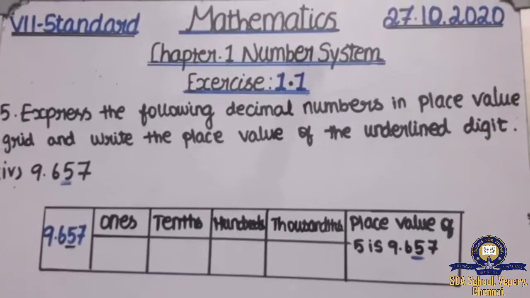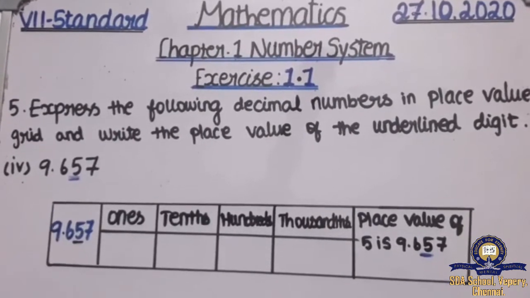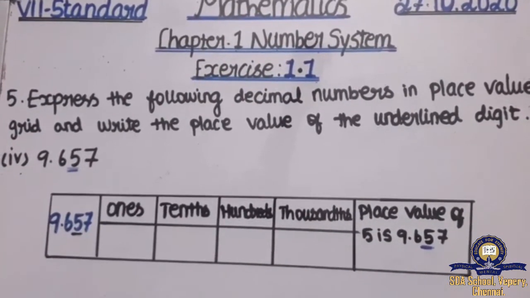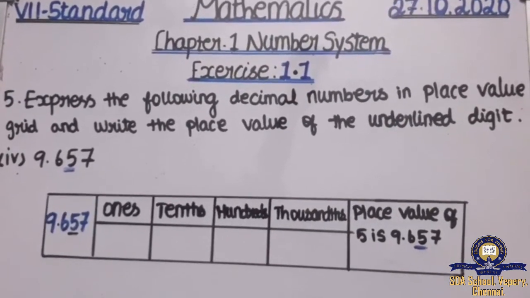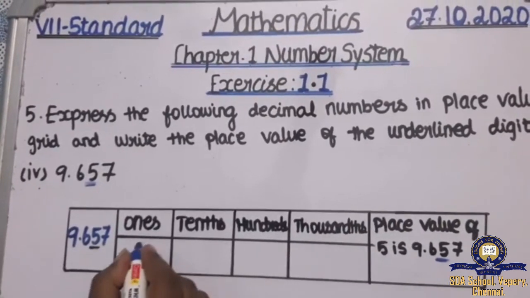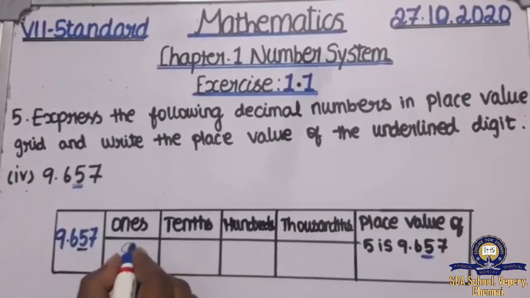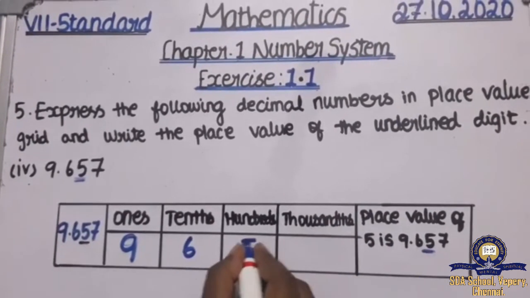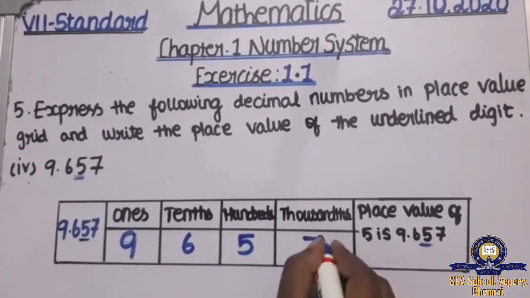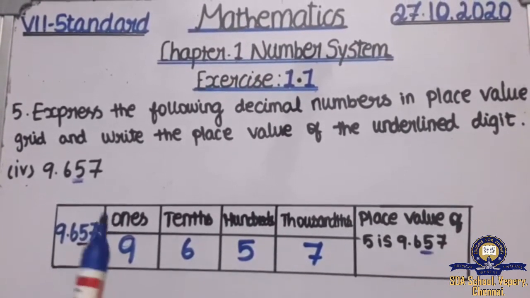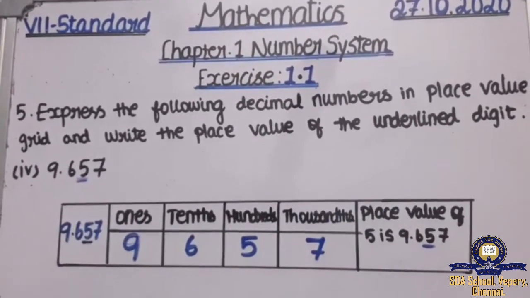Here they have given 9.657 as a decimal number. So we need to place the decimal number in the place value grid, and after that we need to write the place value of the underlined digit. Okay, students? So here 9 is in the ones place, and what is the tenths place? 6, and hundredths place 5, and 7 is in the thousandths place. So after finding this, we need to write the place value of the underlined digit.